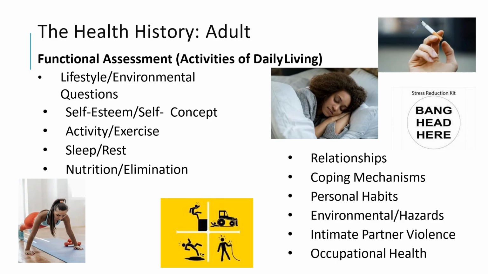Do they sleep lying flat or do they have to sleep in a recliner? Nutrition. We want to ask them what's a typical meal that they eat. Who prepares their food? Who buys their groceries?